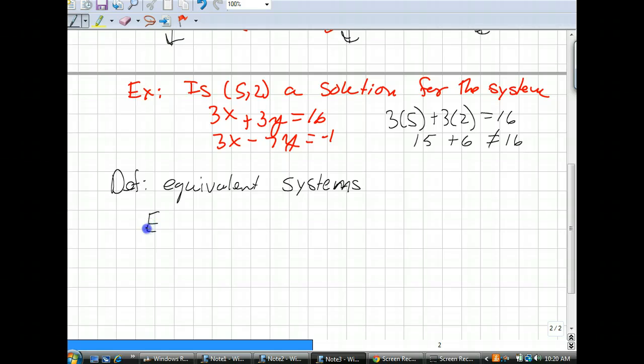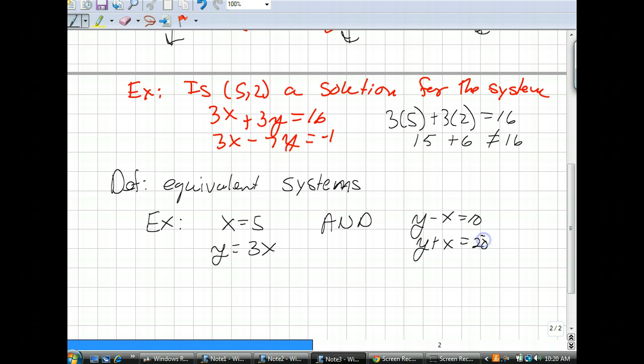For example, if I have the system x equals 5 and y equals 3x, that's one system, and my second system is y minus x equals 10 and y plus x equals 20. Then if the ordered pair (5, 15) works in both systems, then we would say that they are equivalent systems.